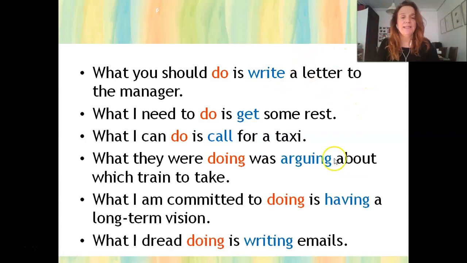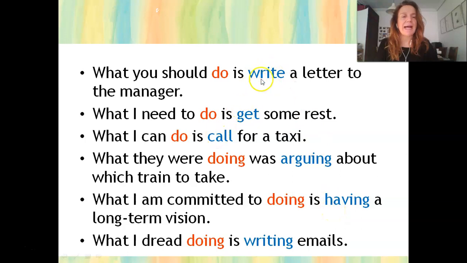But what happens if we have in front of the verb to be a WH clause, a what clause, where the verb do is in the ing form? So what we do in the second part of the sentence is to have an ing form as well. So what they were doing was arguing about which train to take. What I am committed to doing is having a long-term vision. What I dread doing is writing emails.